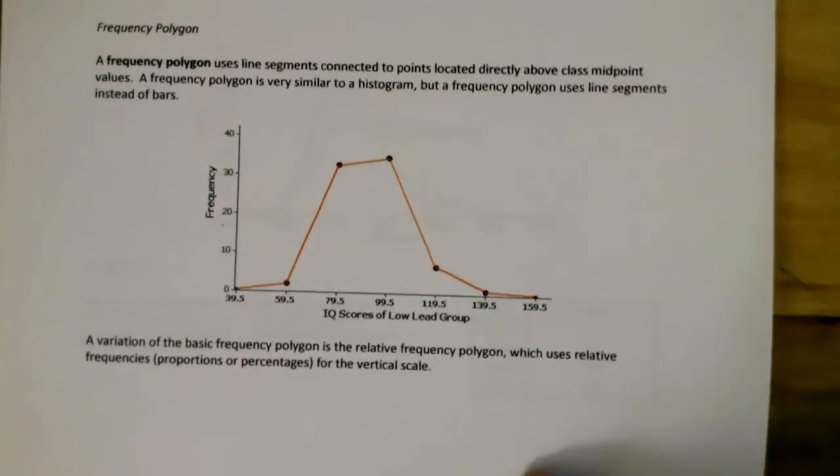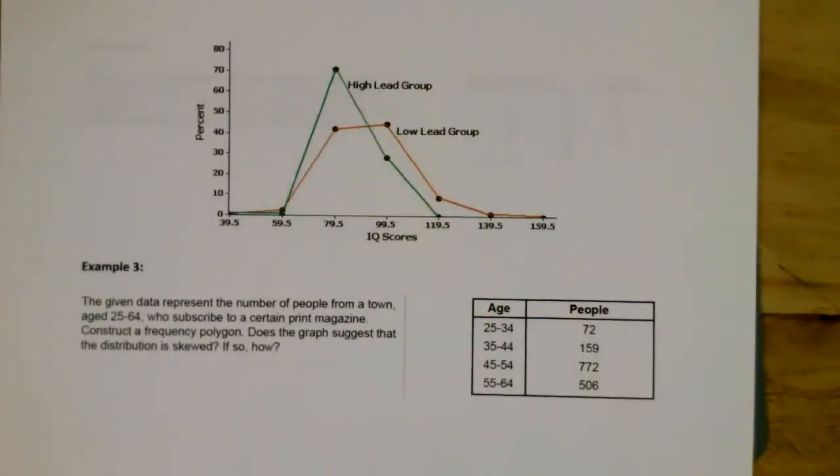So on the next page is another example of a frequency polygon, comparing high lead group and low lead group with IQ scores.